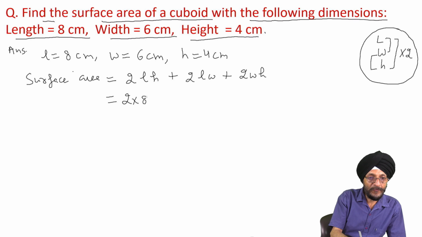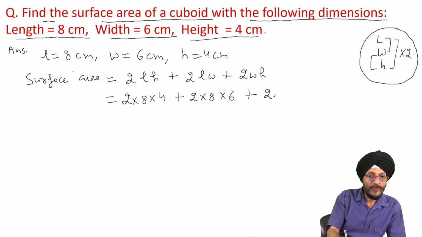It is 8. What is the value of height? It is 4, plus 2. What is the value of length? It is 8. What is the value of width? It is 6. Again plus, we will put the value of width. Width is 6. What is height? It is 4.